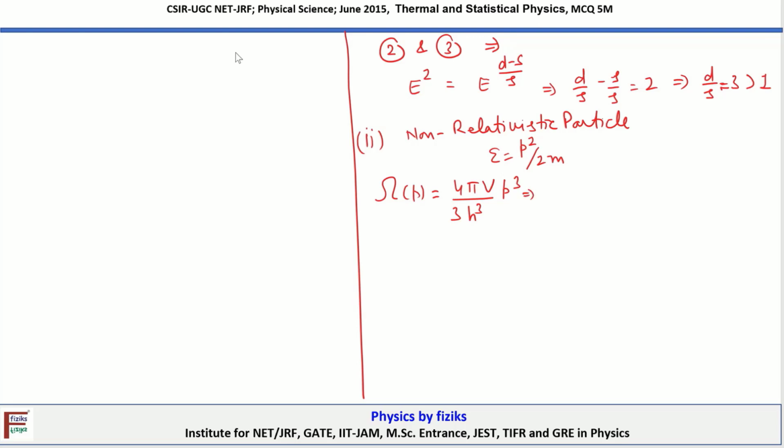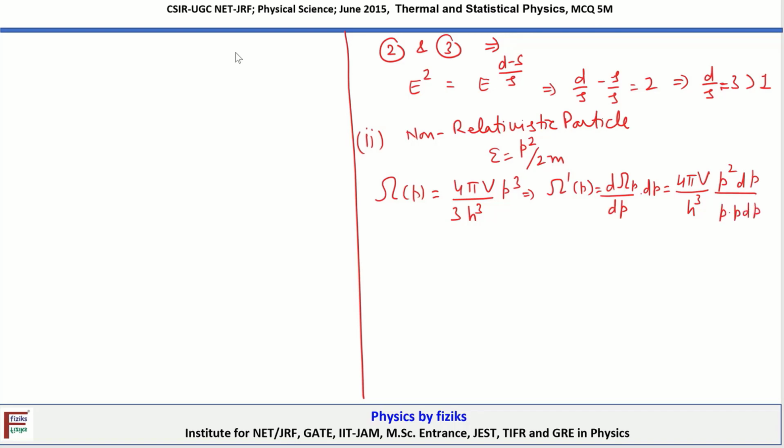So this implies omega dash p, that is the number of microstates in the momentum range p to p plus dp, is equal to d omega p upon dp multiplied by dp, and that is equal to 4 pi B upon h cube p square dp. And this can be further written as p into p dp.